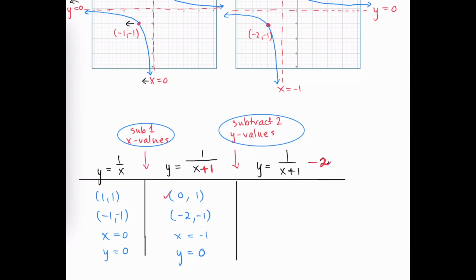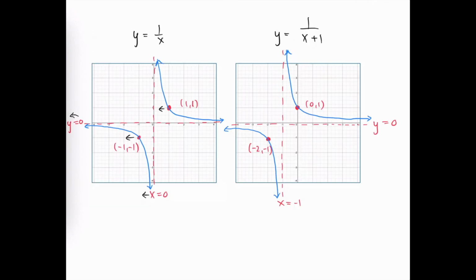So we start with this ordered pair, no change to the x, -2 from the y, so we'd get 1 minus 2, which is -1. No change to the x, so that's going to stay -2. -2 from the y is going to be -3. Again, no change to the x, so this asymptote, since it's an x value, doesn't change. But this asymptote, since it's a y coordinate, we are going to subtract 2 from the y, and it's going to move down to y is equal to -2. So these are going to be the new points of interest on our final answer graph.